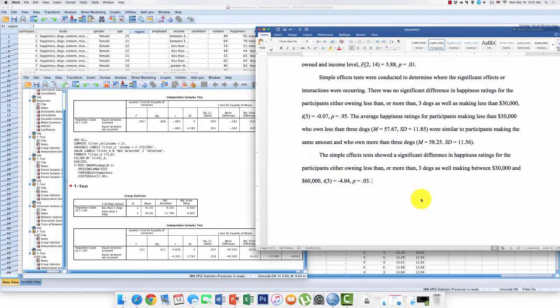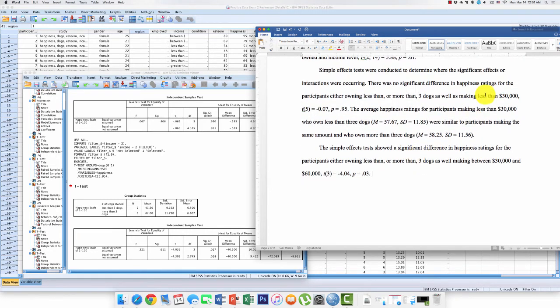Now we want to report the means and say the average happiness ratings for participants making between $30,000 and $60,000 who own less than 3 dogs. Mean equals 41.50. Standard deviation equals 9.19.